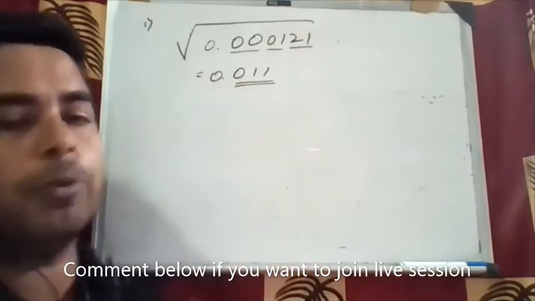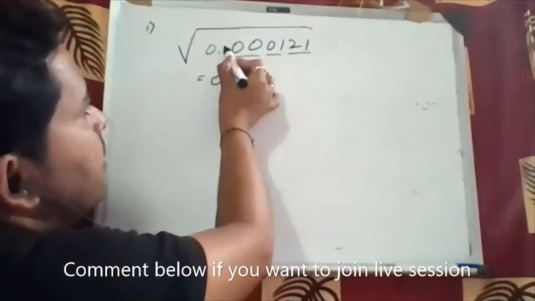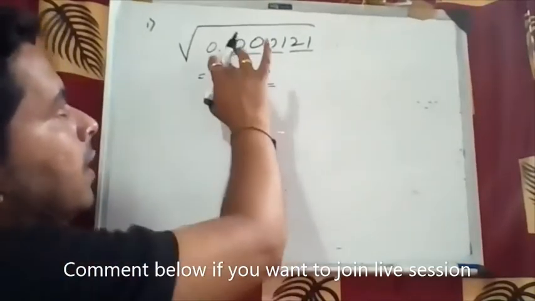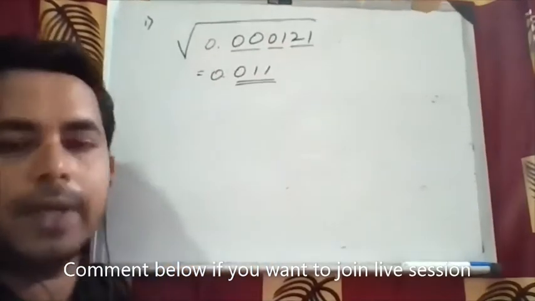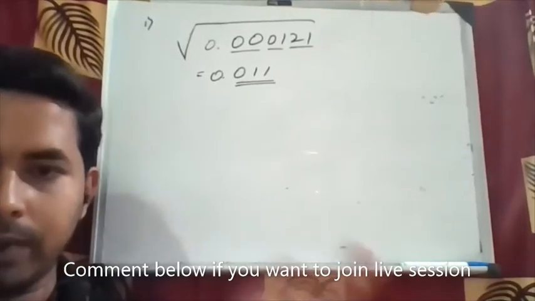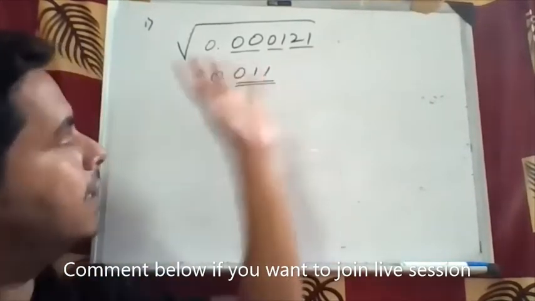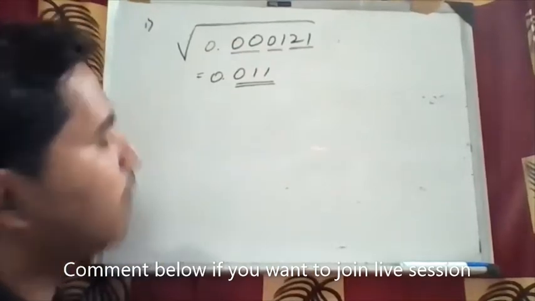You should make a group, and the group will always form. It won't be that one value is left free. No, they'll never give such a question. They'll give it in such a way that it will become a group. It is always like you will make a group and you will get an answer. Now this is one way.